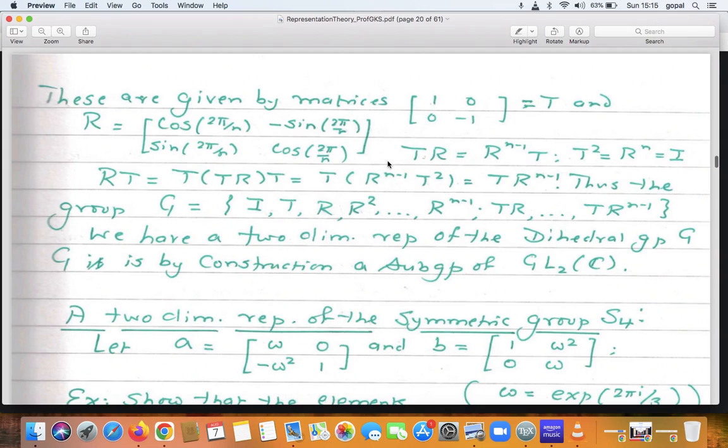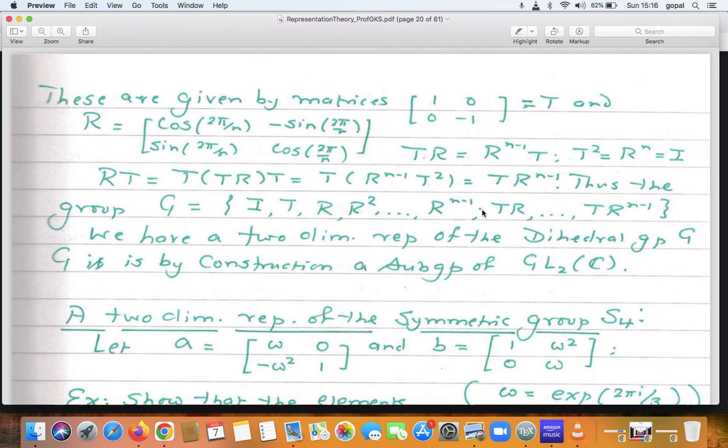And so now, just as in the case of the equilateral triangle where we had 6 elements, here I'm going to get 2n elements. T squared is identity. Then I have the rotation, and you can keep iterating this rotation, and I'll get all the rotations: r squared, and so on, up to r to the power n minus 1, and all these rotations can be left multiplied with T, and I'll get n more elements.